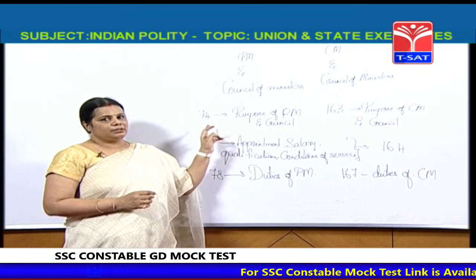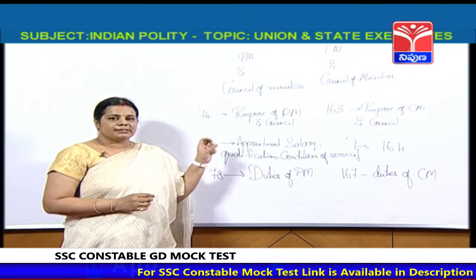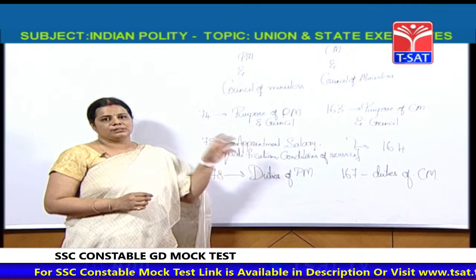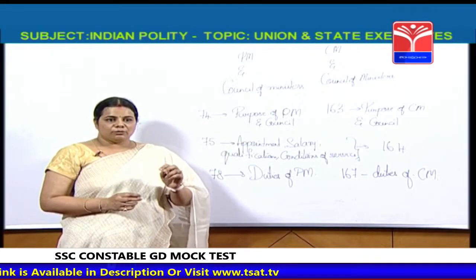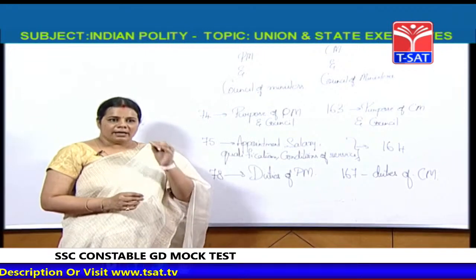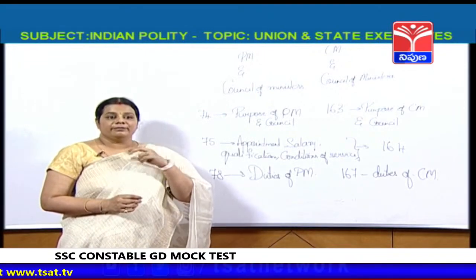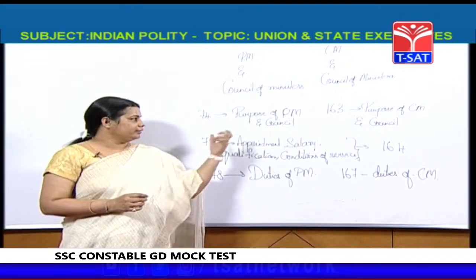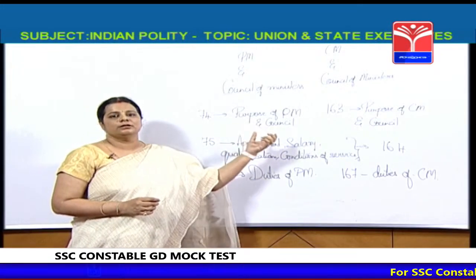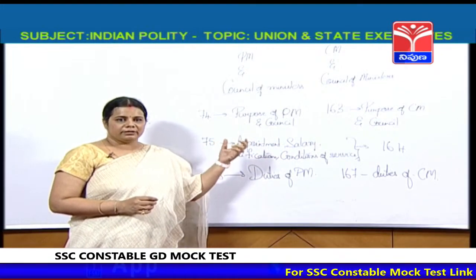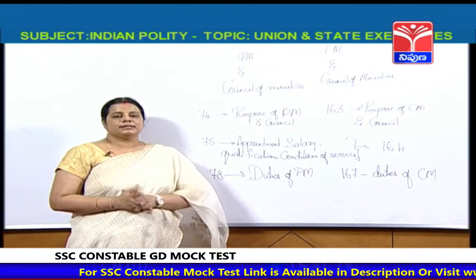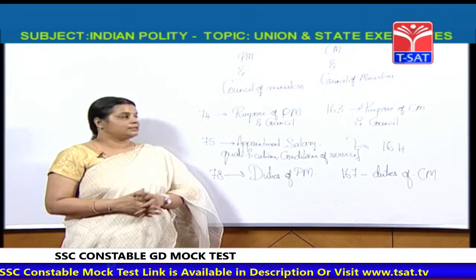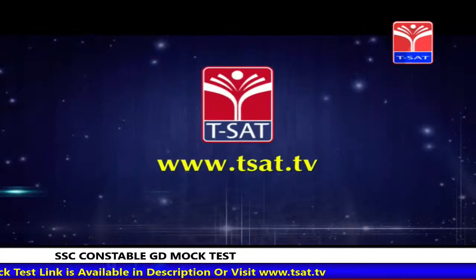And here there is another clause which says whatever advice is given by the Prime Minister and Council to the President cannot be questioned in any court. That means we cannot file a case and ask the court to investigate into the advice given by the council to the President. Court cannot interfere with this article or with Article 163. This is about the Prime Minister and Council of Ministers, CM and Council.